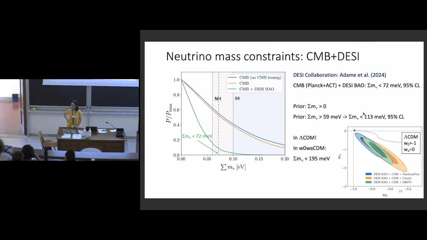The point is that when one wants to fit, let's say, the expansion of the universe, one has to put in neutrino masses because this neutrino mass also enters. And BAO are a measurement of H0.